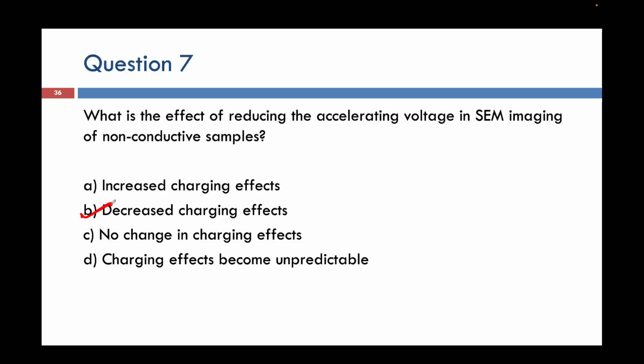Many times, if we are going with a polymer sample or a ceramic sample which is non-conductive in nature, we do SE imaging, that means secondary electron imaging, at a lower accelerating voltage. If we do BSE and go to higher magnification, a lot of charging will happen.